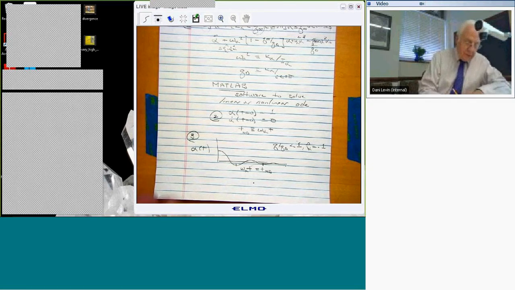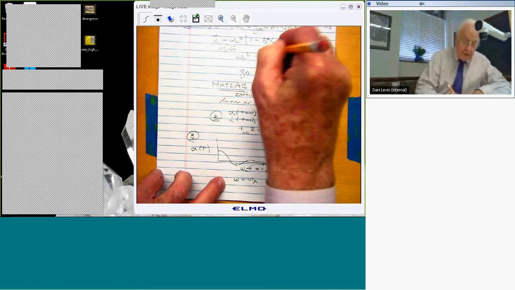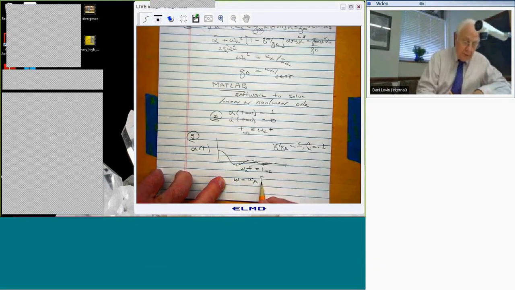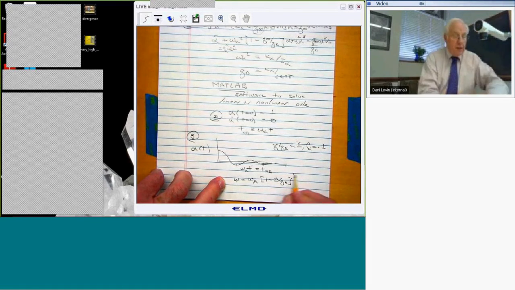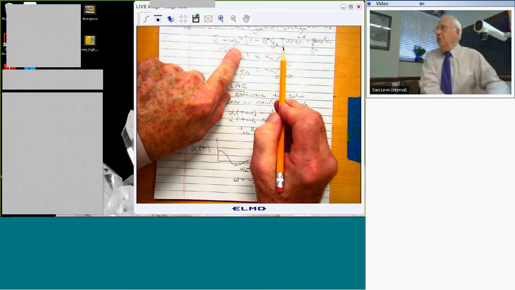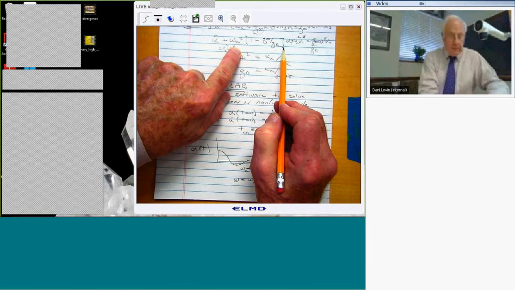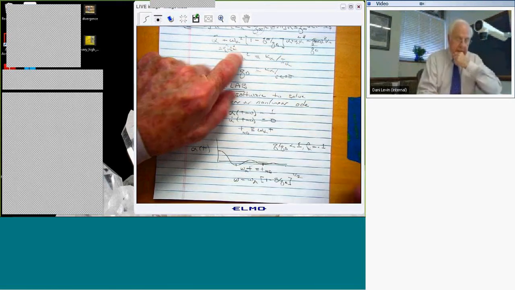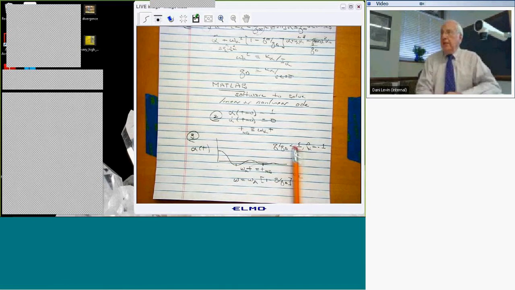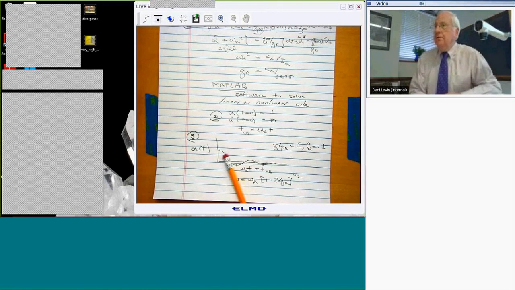The frequency is going to be omega equals omega alpha times the square root of 1 minus Q over Q divergence, because this is the effective new omega of the oscillation. So it's just the square root of this thing. Okay. That's what happens when Q over Q divergence is less than 1.